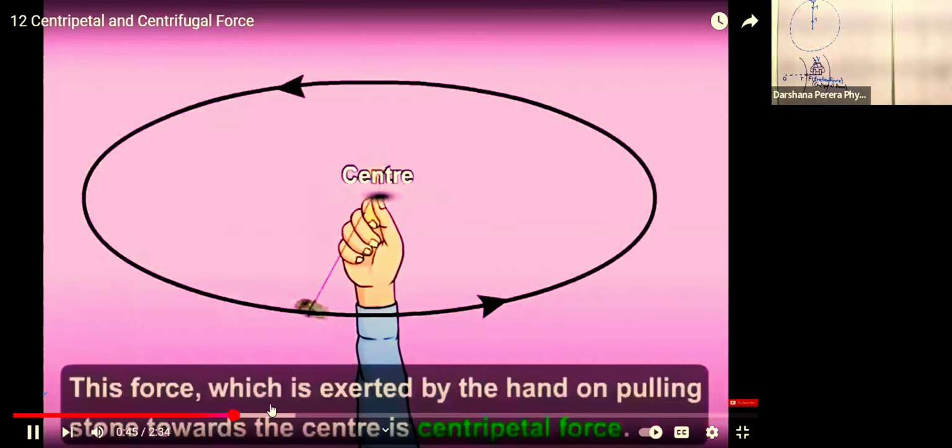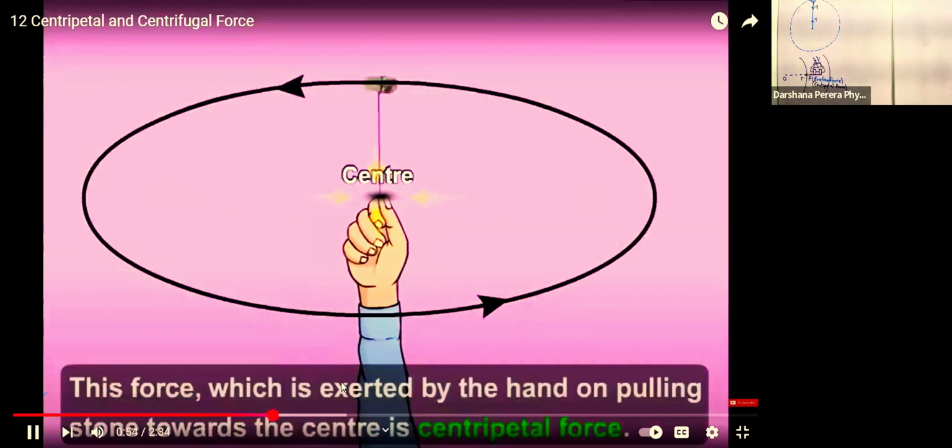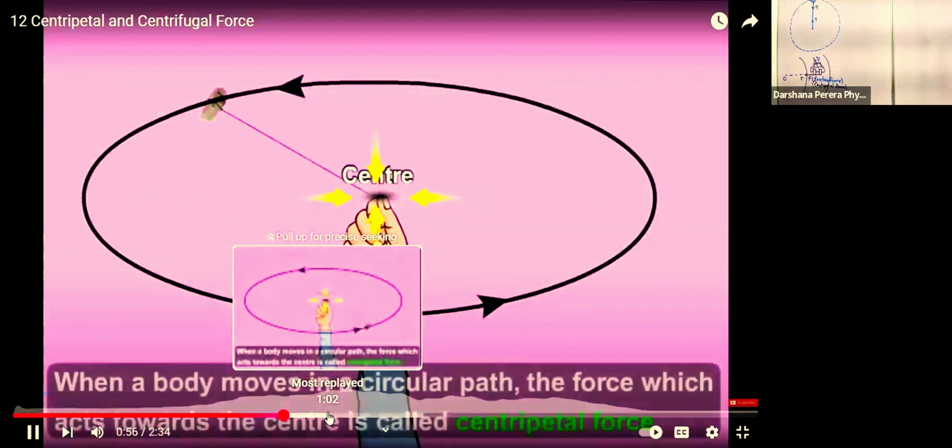Tension, right? Towards the center, there is a centripetal force.